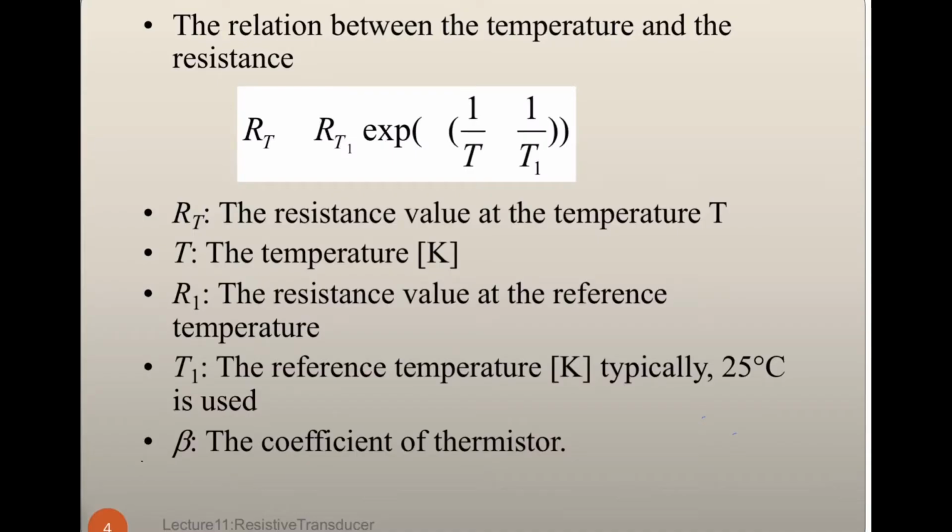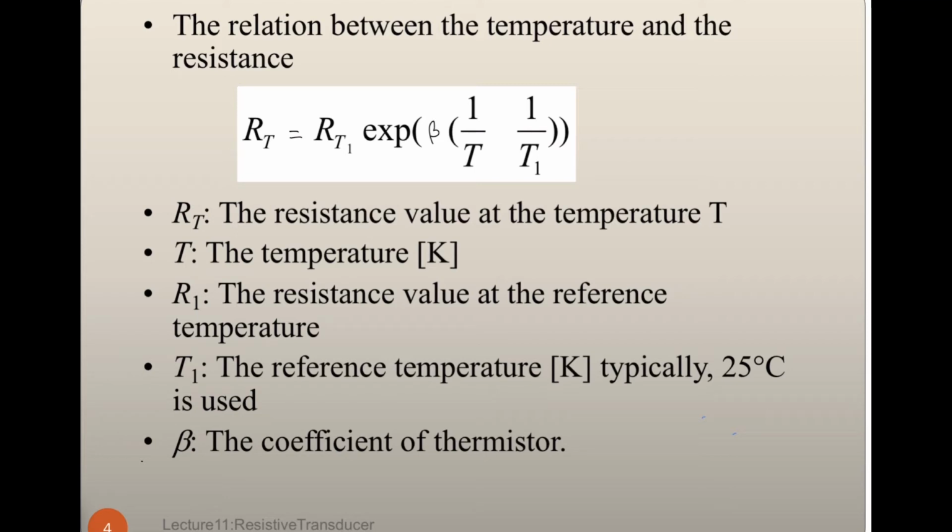The relation between the temperature and the resistance can be explained using this mathematical equation. Here we have RT, which is the resistance value at the temperature that we measured, equal to RT1, the resistance value at the reference temperature, multiplied by the exponential of beta.